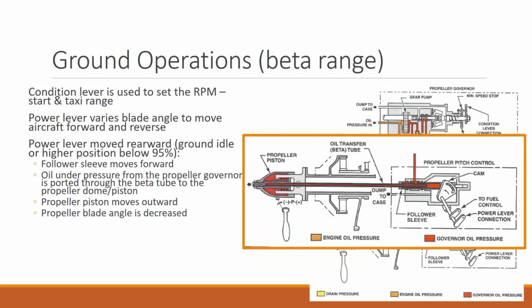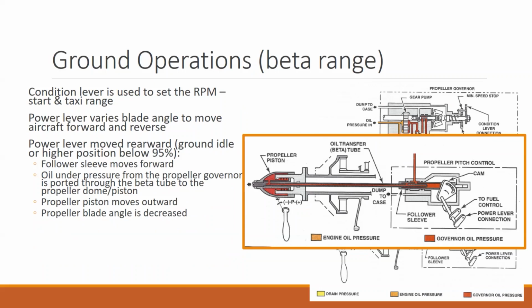As the dome gets pushed forward, the propeller blades go to a finer blade angle. Okay? And what's going to happen as they go to a finer blade angle? Blade angle's decreased. That's going to cause what? It's going to cause an RPM increase.